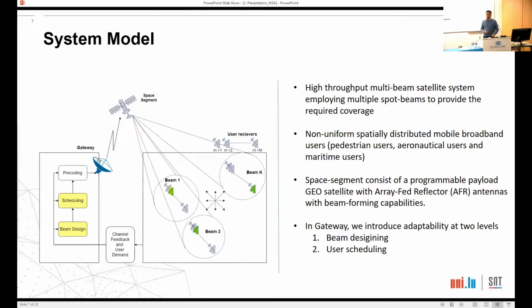And we also have non-uniform spatially distributed mobile broadband users, which include aeroplanes, ships, and also normal pedestrian users. And then we also have the space segment consisting of a programmable payload GEO satellite with array-fed antennas with beam-forming capabilities. So considering this system model, we introduced adaptability mainly at two regions. One is at the beam designing level, and another one is the user scheduling level.